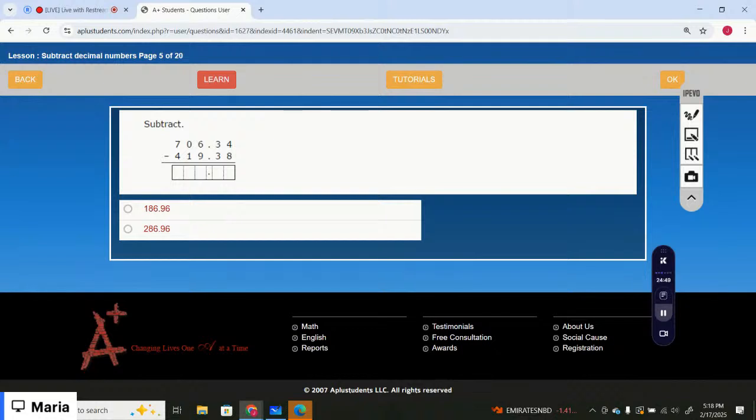706.34 take away 419.38, which is the correct option?